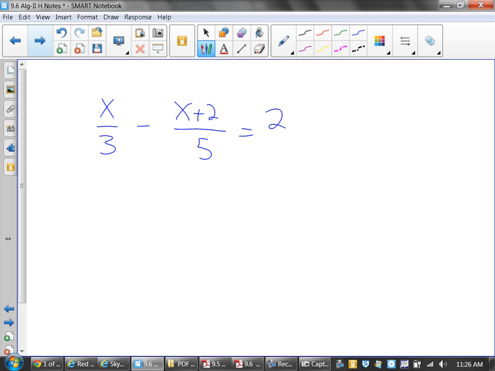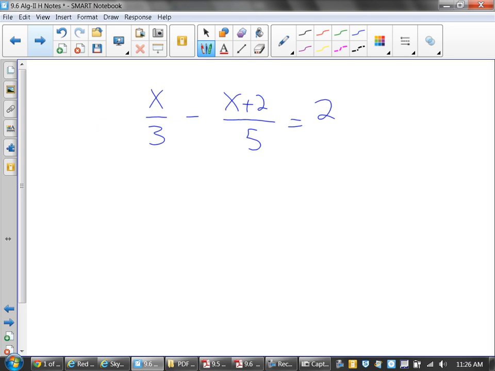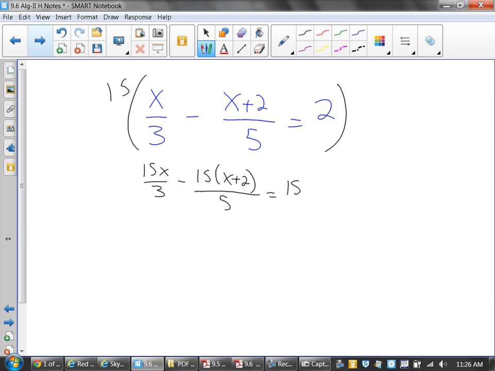Good. So if I multiply everything by 15, again, I'm going to show this secondary step. I have 15x over 3 minus 15 times the quantity x plus 2 over 5 is 15 times 2.